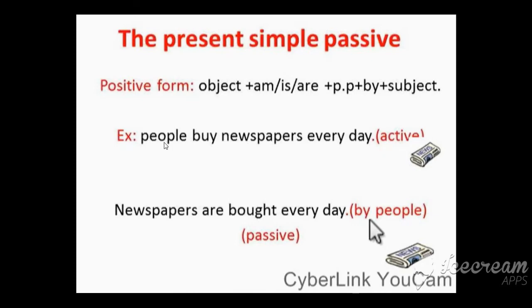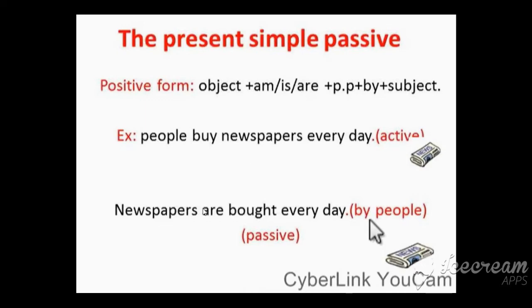Okay? الفاعل معروف. When we transform it to a passive form, يعني مبني للمجهول, we omit the subject. بنحذف الفاعل. And start the sentence with the object. Okay? Followed by verb to be, am, is, or are.